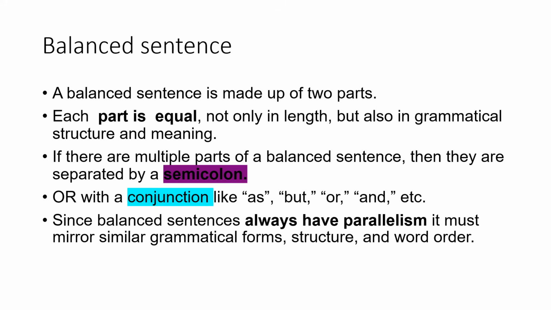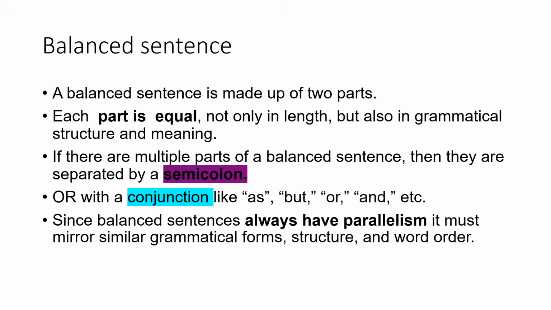If there are multiple parts of a balanced sentence, they are always separated by a semicolon, or they can be separated with a conjunction like as, but, or, and the list carries on.